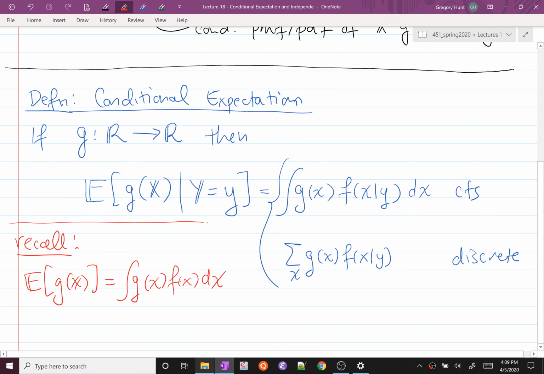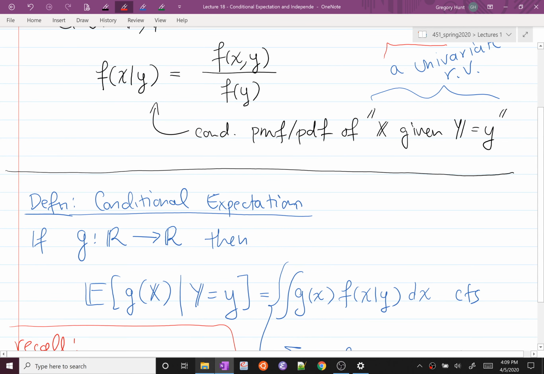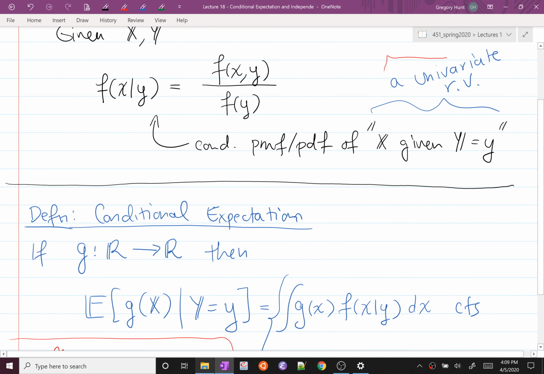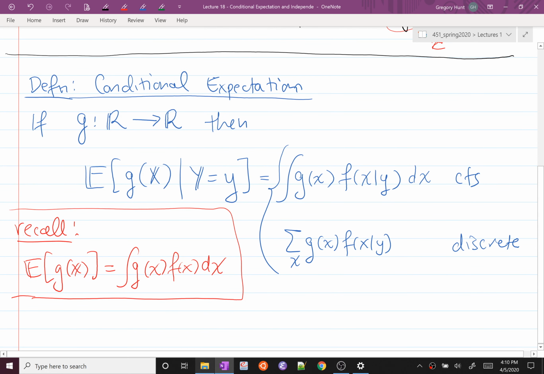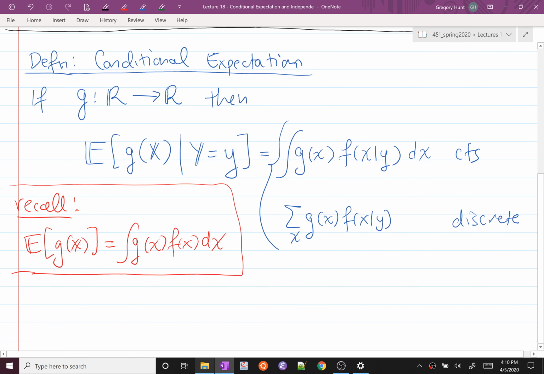And so it is exactly just the expected value of what I was just calling this univariate random variable. If there is some univariate random variable, call it z, that represents x given y is equal to little y, then the expected value of that z would exactly follow the formulas we have here. So it's pretty simple. We can look at an example.